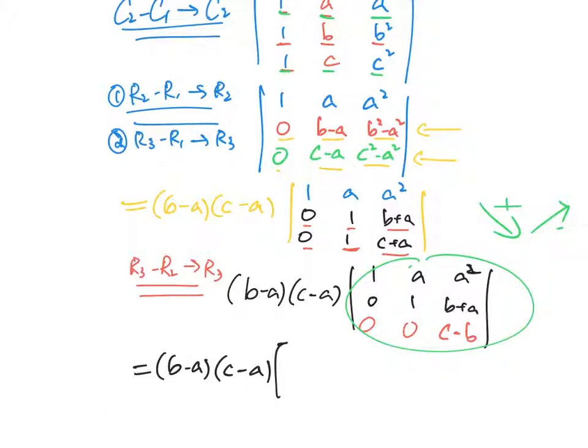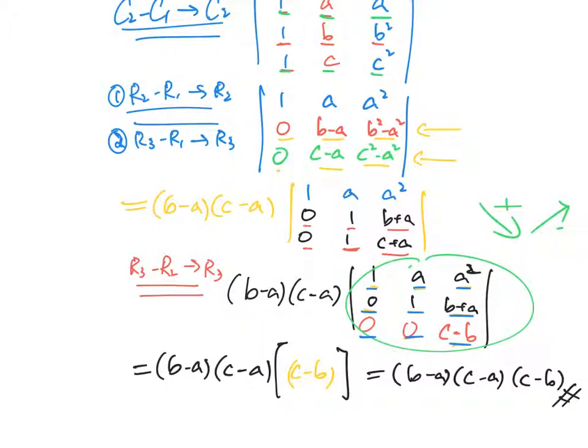We have 1, 1, c minus b, 0, 0, a squared, nothing; 0, a, b plus a, nothing; followed by, now in blue, negative direction, you have 0, 1, a squared, nothing; 0, a, c minus b, nothing; and 1, 0, b plus a, nothing. Wow, that's nice. Because there's only one thing popping up, at last we present in a better notation, giving you b minus a, c minus a, and c minus b, as the final answer of this factorization.